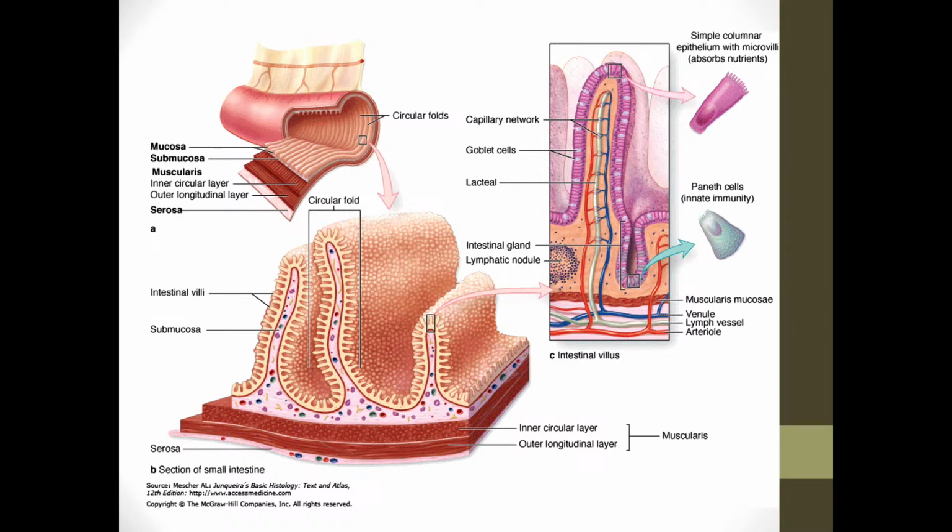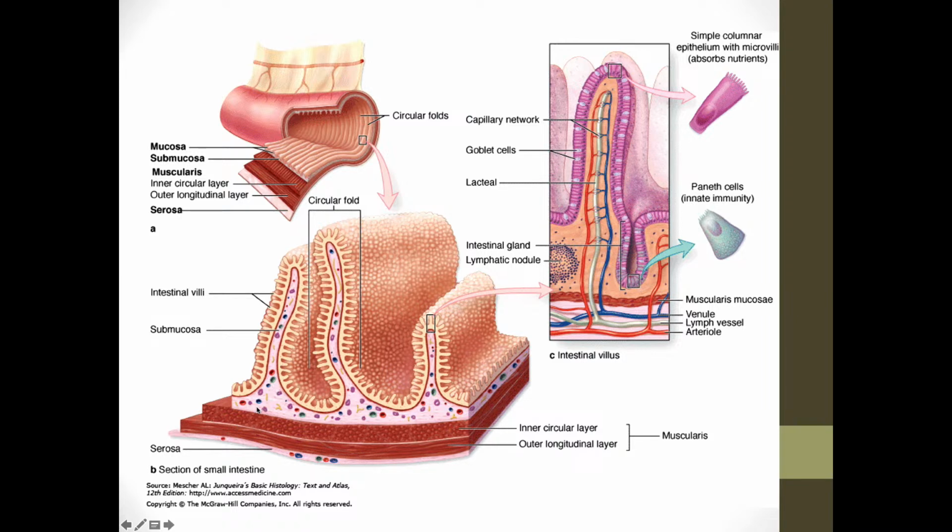Here are the folds, and you can see it's mucosa and submucosa, which contain blood vessels, nerve fibers, and lymph vessels.